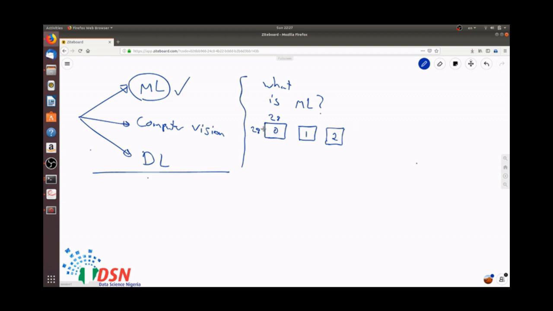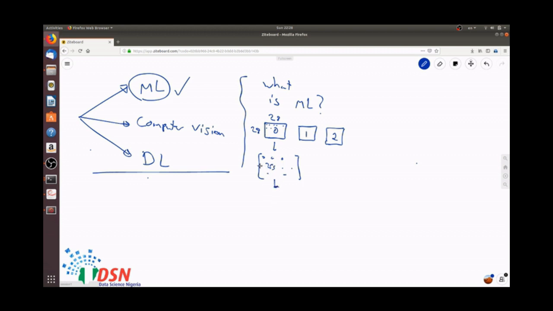A 28 by 28 image means that we have a matrix where each pixel has a real value, so it could be 0, 0, 0, 255 or whatever it is.